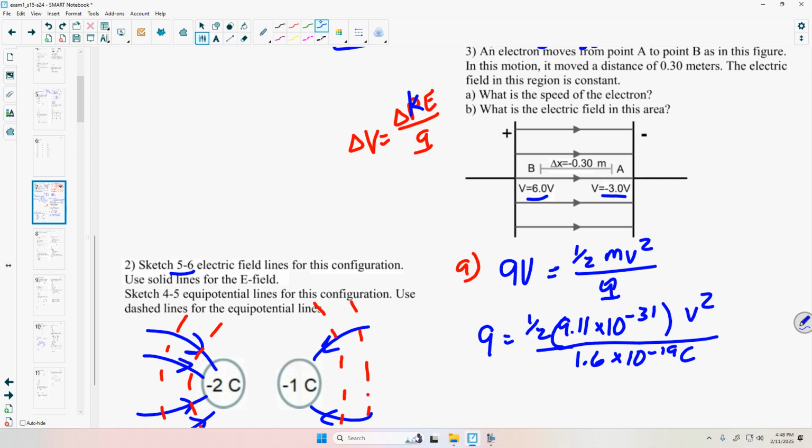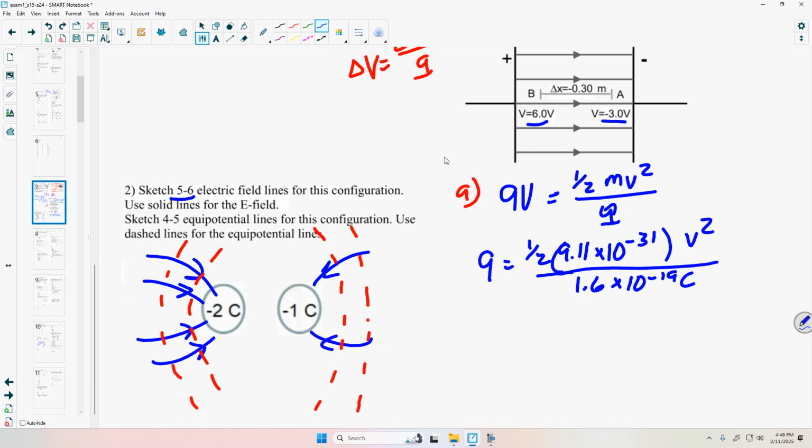The mass and the charge of an electron are both on your equation sheet. And then I solve that for V, and I get a V of what? What do I get? Anybody know? Nobody knows? Y'all do this one?